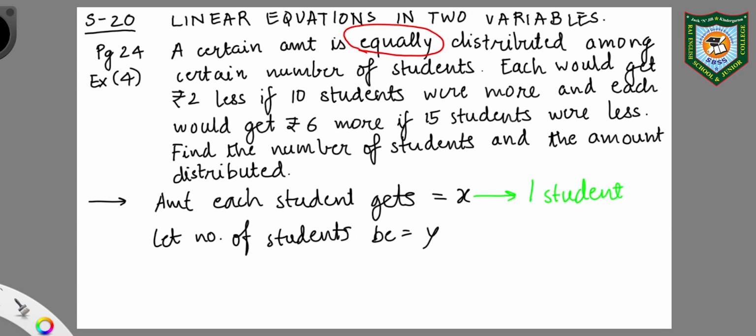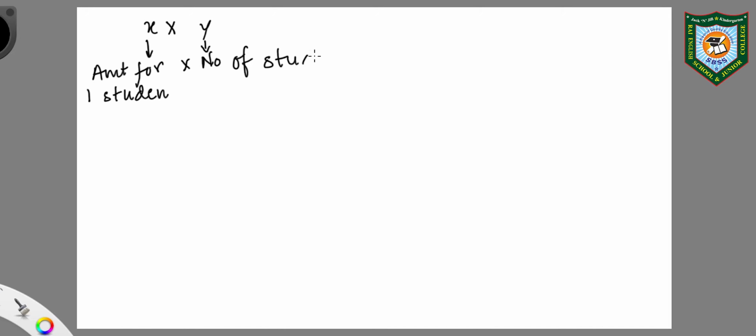Now we know that a certain amount is equally distributed among a certain number of students. That means the total amount of money is x into y, that is amount for one student into number of students. So this is equal to my total amount.